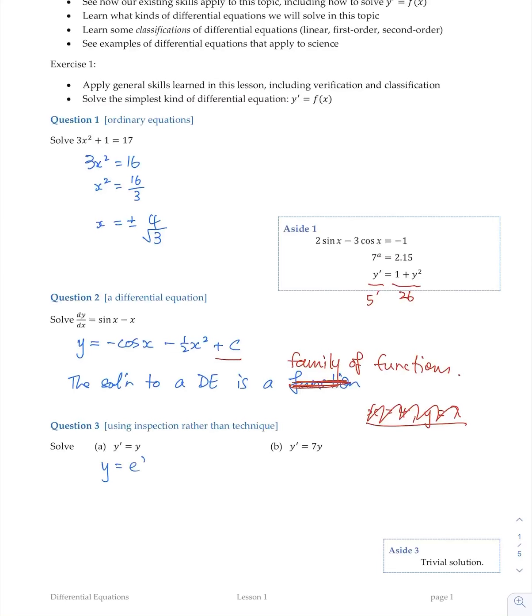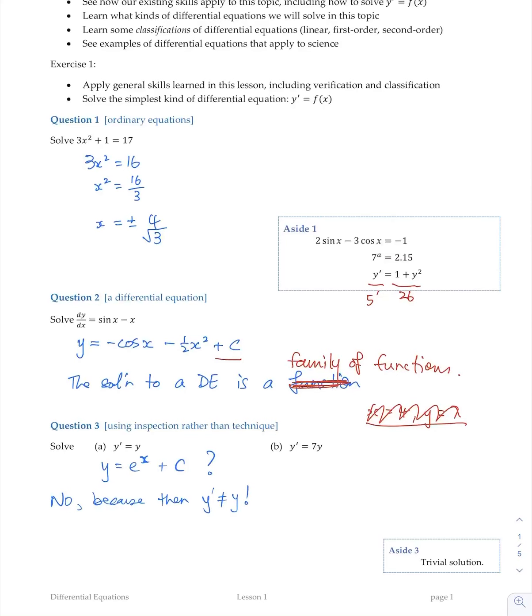y equals e to the x, and then out of habit we'll put in plus c. But now I'm just going to put a question mark there. Is plus c correct? And the answer is no, sorry about my poor writing, because then y dash does not equal y. Let's just have a look at that.